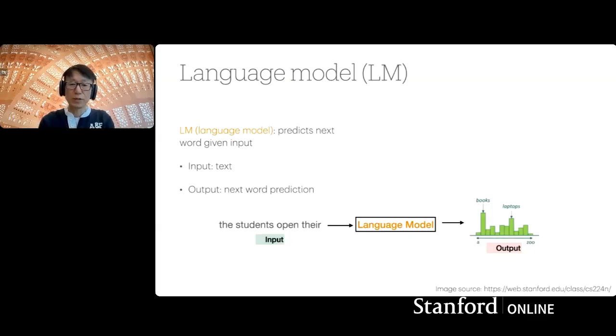In this example, as you could see, books and laptops have a higher probability than other words in the vocabulary. So the completion of this whole sentence could be "the students open their books." And then if you want to keep generating what's coming next, then we can turn that in as an input and put it into the language model, and the language model continuously generates the next coming word.